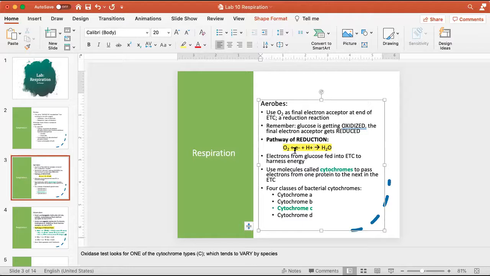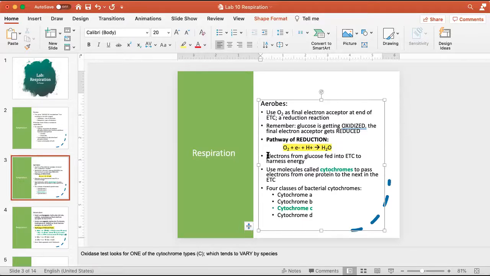At the bottom of the electron transport chain, those electrons have to be accepted by something. Anytime something gets oxidized, something else has to get reduced. And in aerobic cellular respiration, that something that gets reduced is oxygen. It will receive those electrons. It'll also take on some hydrogen ions, and we'll get water produced. So that's what we call the pathway of reduction. That's what happens to the oxygen at the bottom of the electron transport chain in an aerobic microbe.